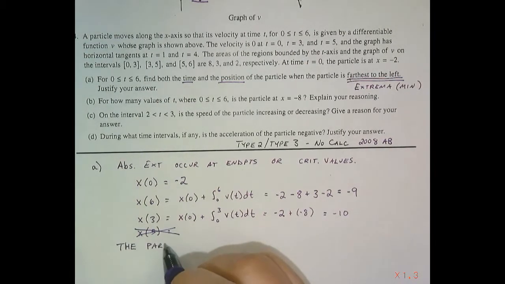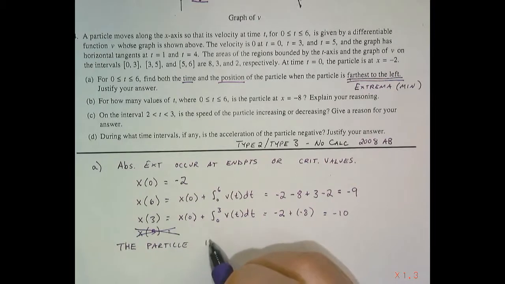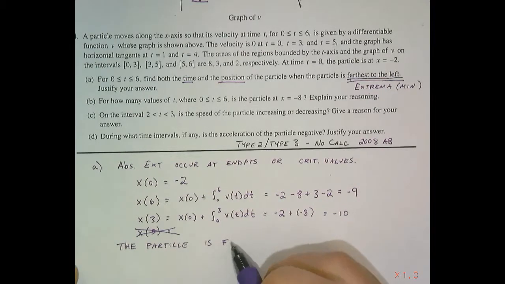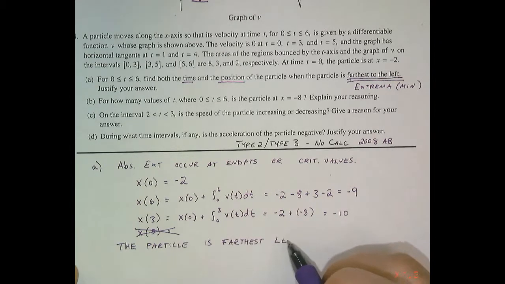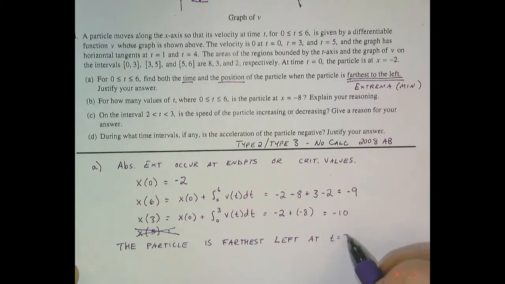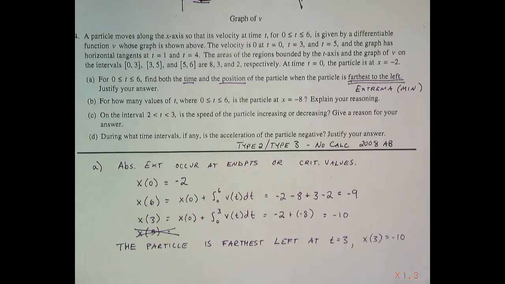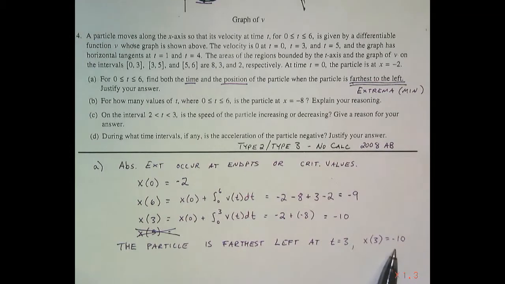The particle is farthest left at t equals 3, x of 3 equals negative 10. Okay, so there's the absolute minimum.